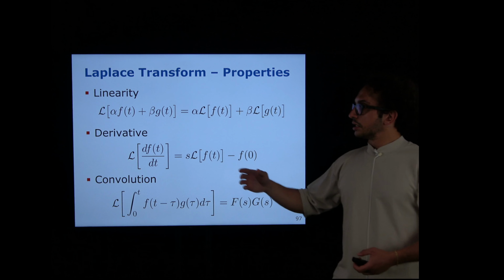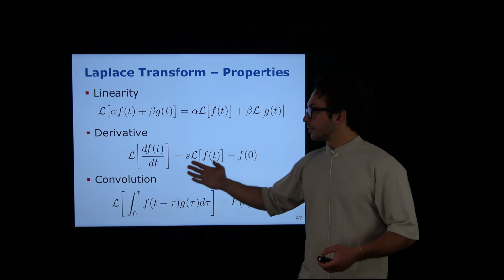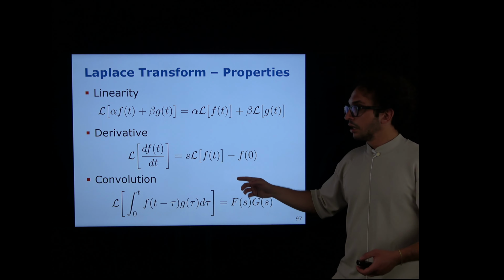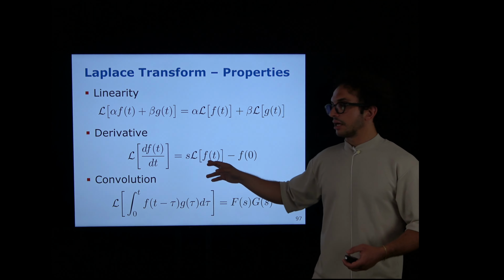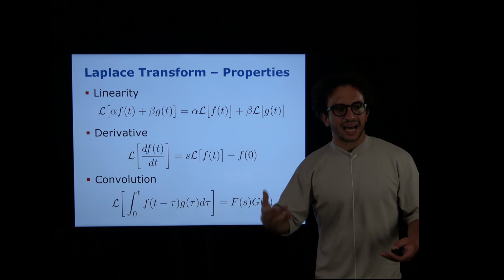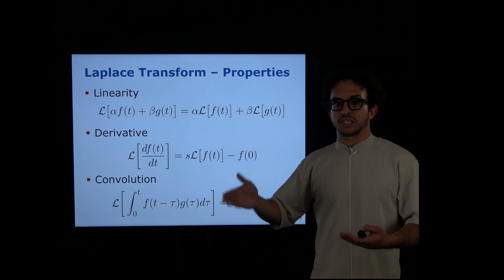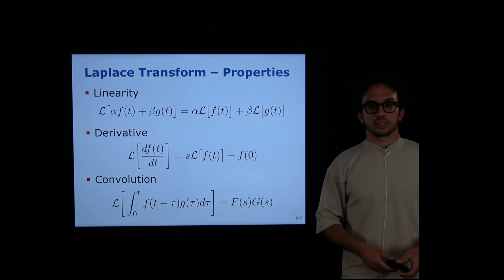Then there's another property, which is the derivative, which is also very important, because let's forget a bit about the initial state. It says that the Laplace transform of a derivative is just s times the Laplace transform of the function, which is something that comes very handy because we have the time derivative of the state, which is x dot in the main equation, in the state space representation of the system.